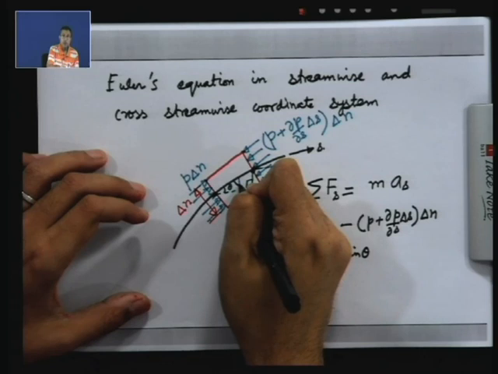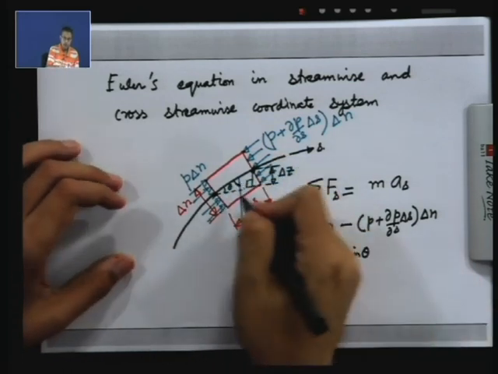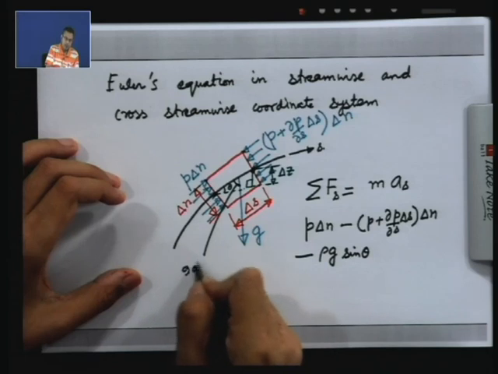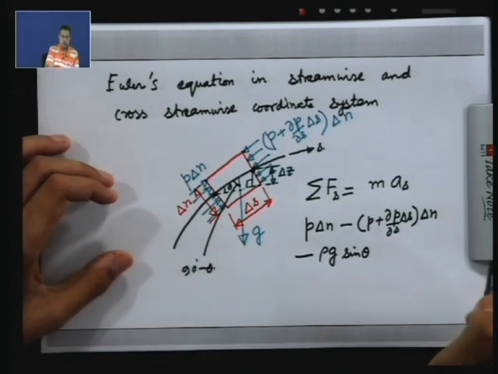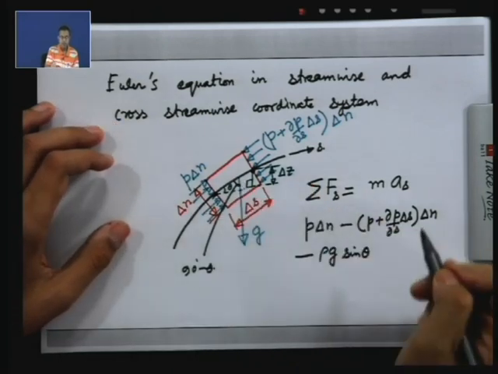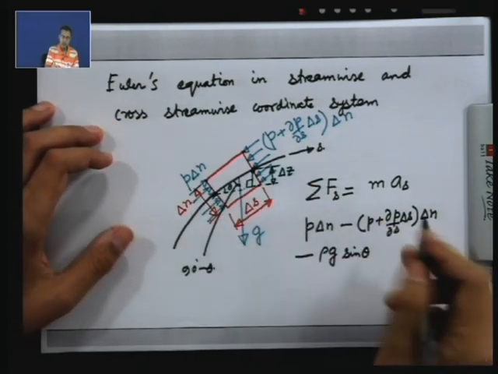This angle, to be specific, is 90 degrees minus theta. So, its component along S is along the negative S direction, which is minus rho g sin theta.